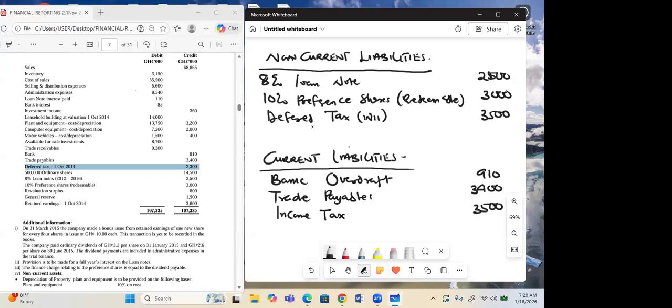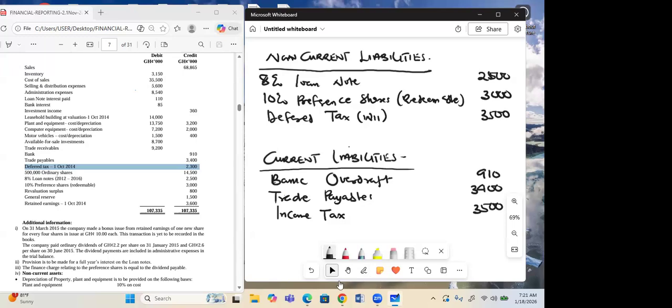Now, is there any other payable, like any accrual or anything in the question? Yes, the interest on the loan note. There's an accrual in the footnote.